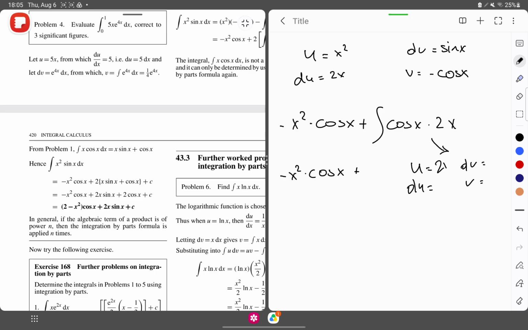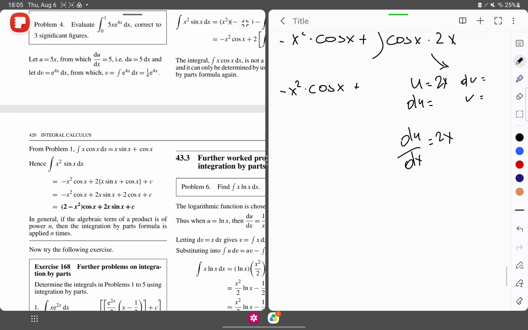Du over dx means the derivative of u. U is this one, and the derivative of this one, du, will be 2 dx. That's my bad.